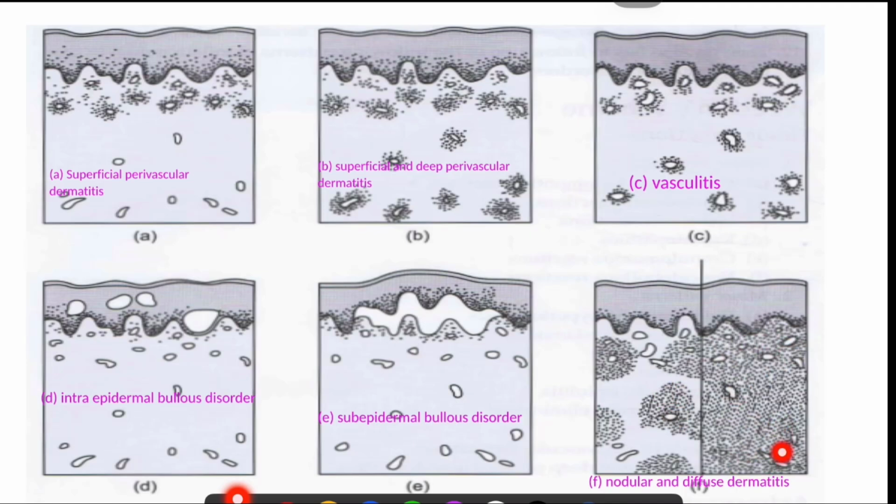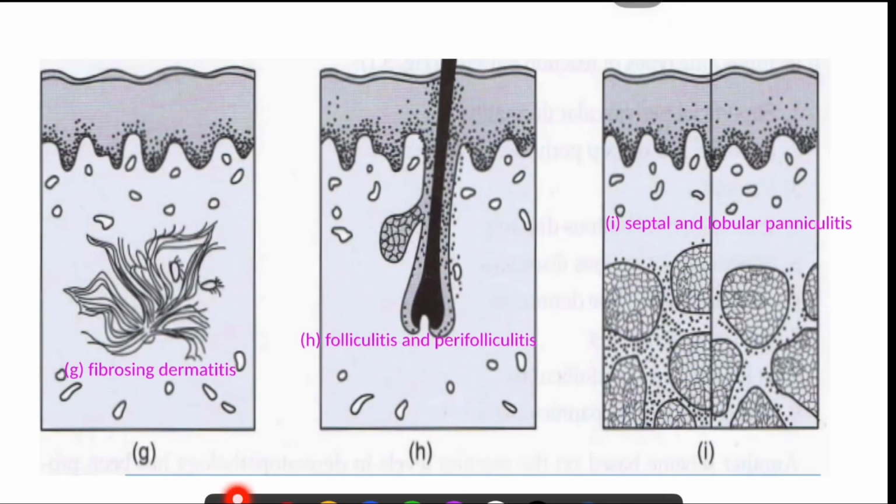Here the whole dermis in a diffuse pattern shows inflammation. This is fibrosing dermatitis. Here the dermis shows fibrosis.